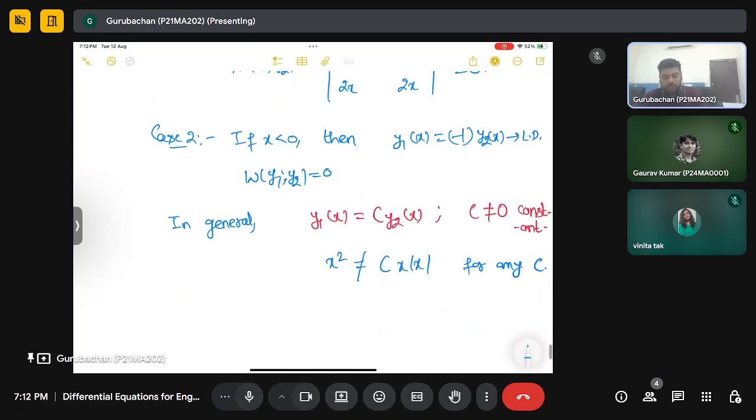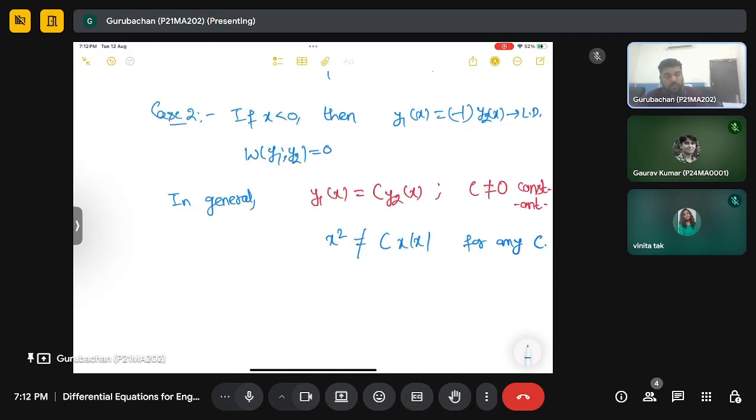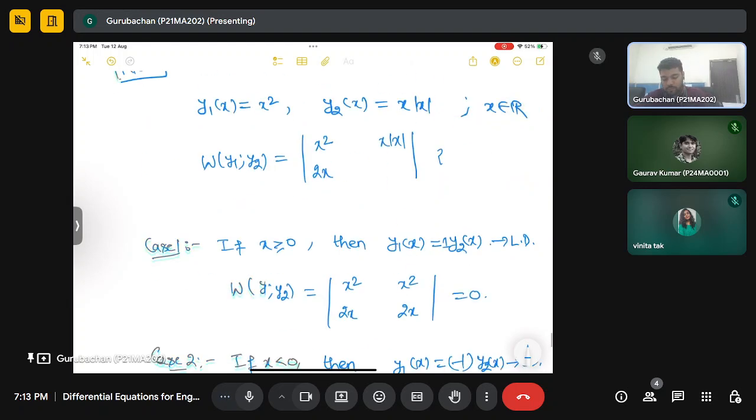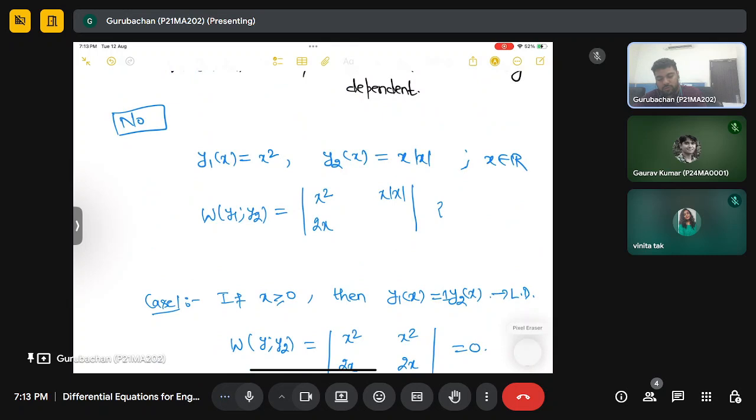Okay, so that means we cannot guarantee this. But why? If you try to calculate its Wronskian, it will come out to be 0. Therefore, the converse part is not true. If you observe from here also, this will give you 2 times mod of x.